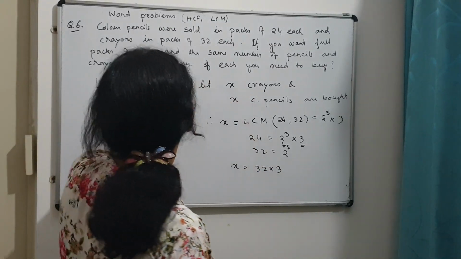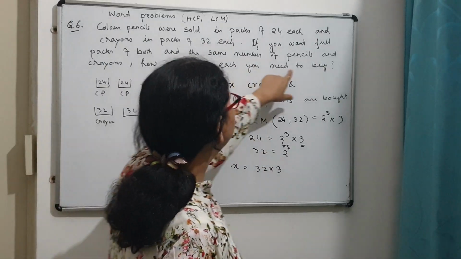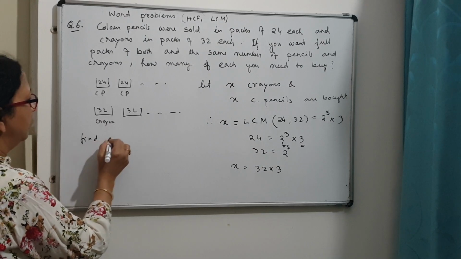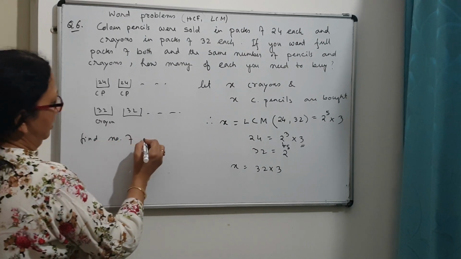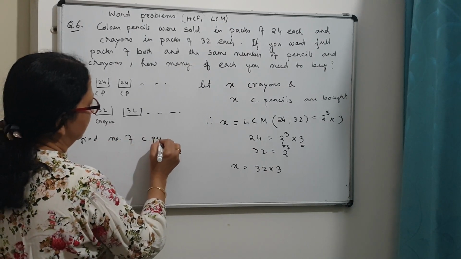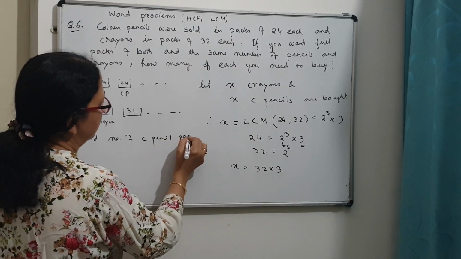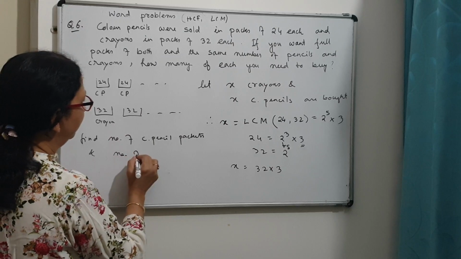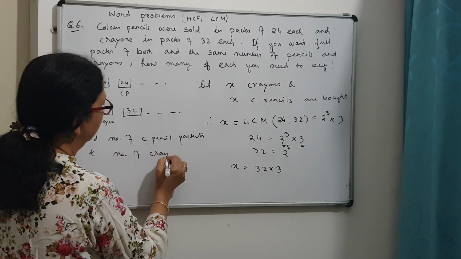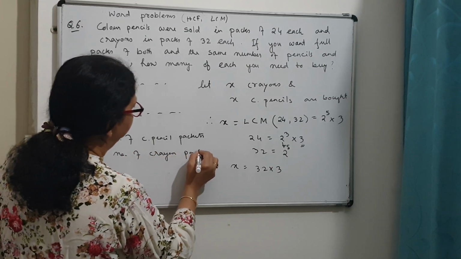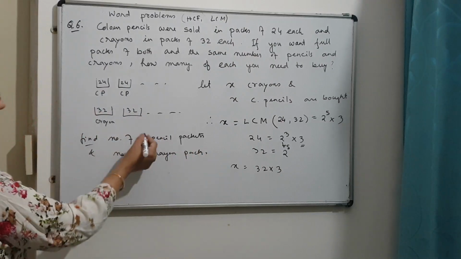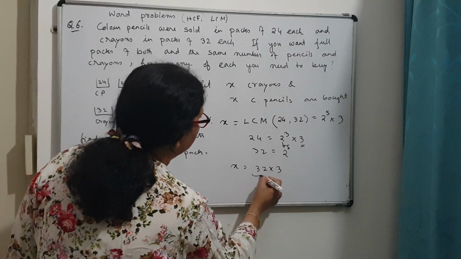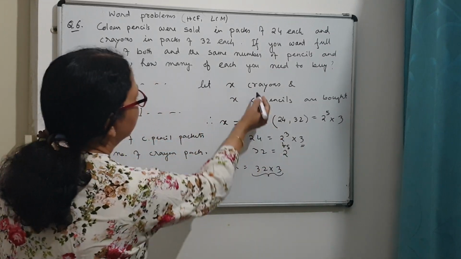Because what do we have to find? We have to find how many of each you need to buy. That means we have to find the number of color pencil packets and the number of crayon packs. So 32 into 3 crayons will be bought.